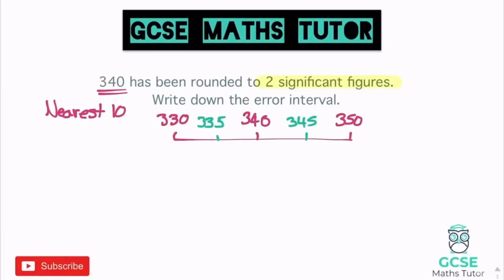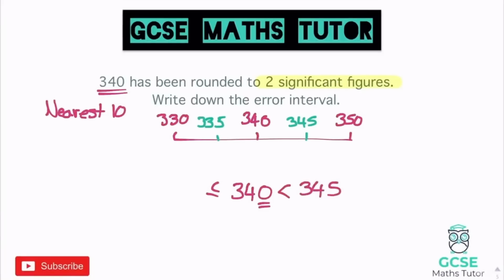And the little trick for this one is just the first 0 that you see, that is going to become our 5 this time. Rather than just sticking a 5 at the end, it's our 0. So if I put 340 in the middle, okay, and I'll just show you what I mean here. So in terms of the upper bound, which I always do first, the first 0 in this case is what becomes our 5. So it's 345. And then the same process as before, the number before that drops down.